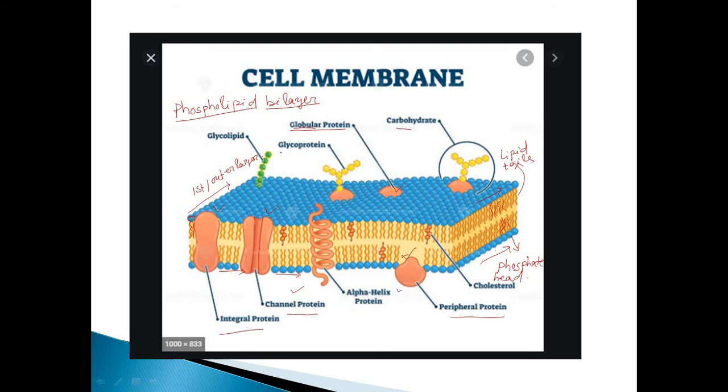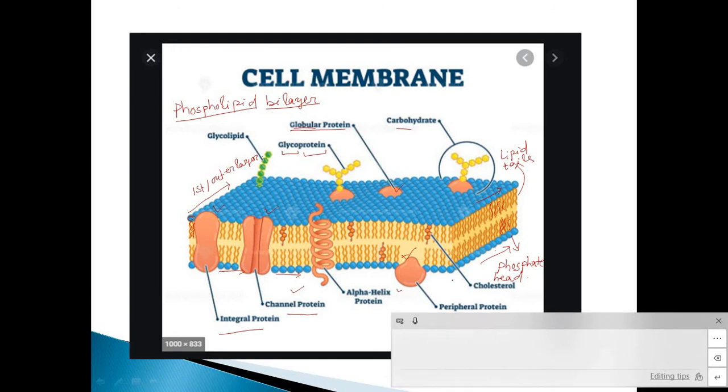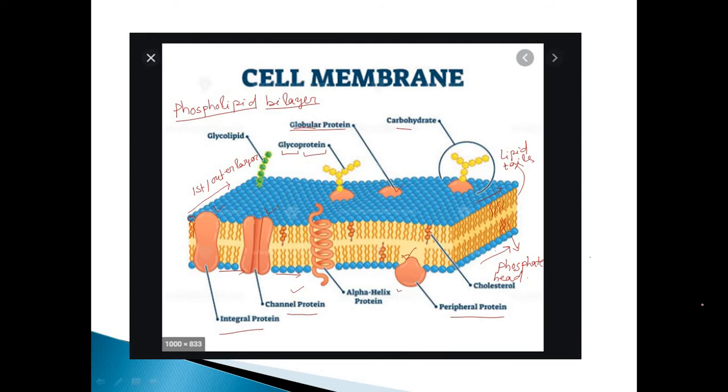Carbohydrates are also present, and glycoproteins, which contain both carbohydrate and protein. If we consider the phospholipid as a sea, these proteins float like icebergs.